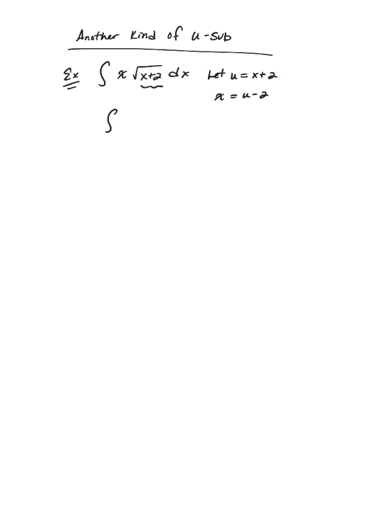So then we write the integral over. I'm going to replace this x with u minus 2. Okay, as far as the du, the du and the dx are equal, so you can just replace dx with du.